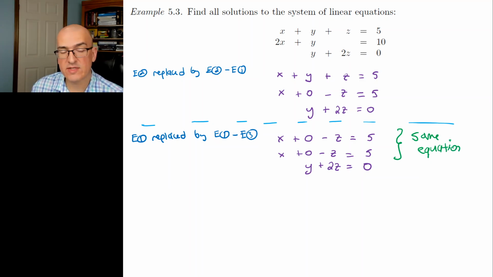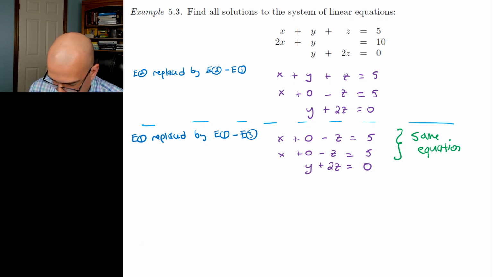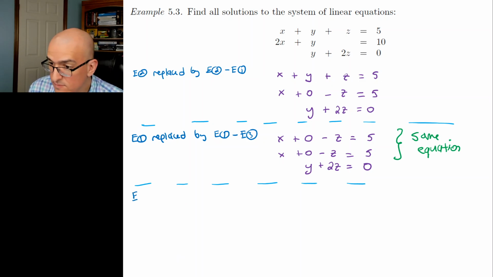So what I'm going to do next is I'm going to replace equation 2 by equation 2 minus equation 1. So E2 replaced by E2 minus E1.